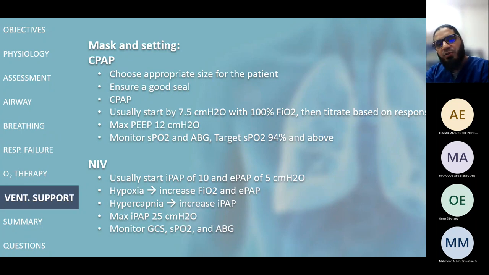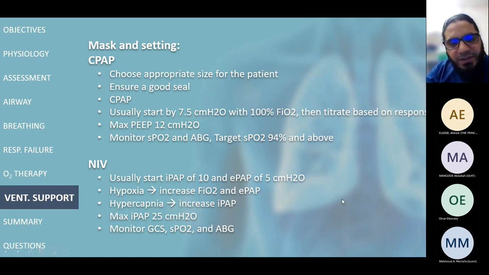The maximum PEEP that we have been using is mostly 12 centimeter water, because we have noticed more than that it will be uncomfortable for the patient and the system will start to leak as well. Monitor the patient with saturation and blood gases. Usually, if the patient has an oxygenation problem, the target for your oxygen saturation will be 94 and above.